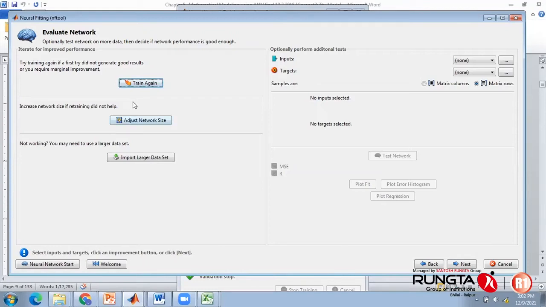We already trained it multiple times. You would like to adjust the network size. Network size stands for the number of neurons. Or if your data set is small and statistically invalid, you can import a larger data set. You're not going for this. So if you're not going for that, go for the next tab.